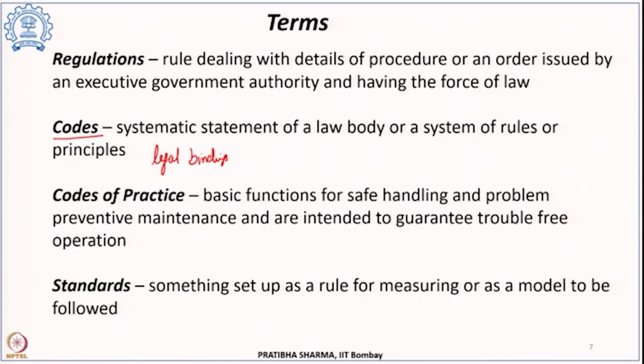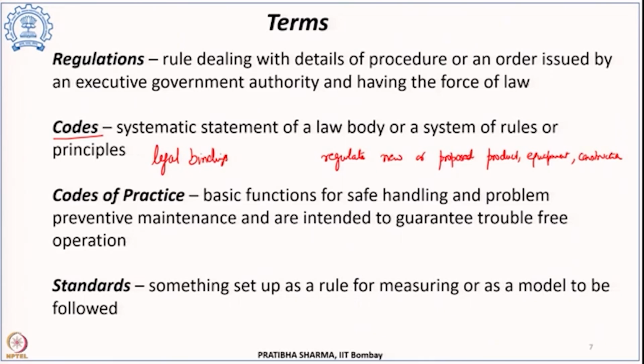Now the entire purpose of having a code is so that we can regulate a new or proposed product or equipment or a construction. So that is how it differs from the regulation.